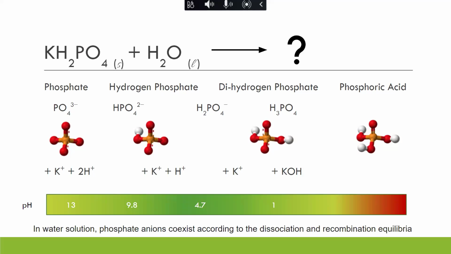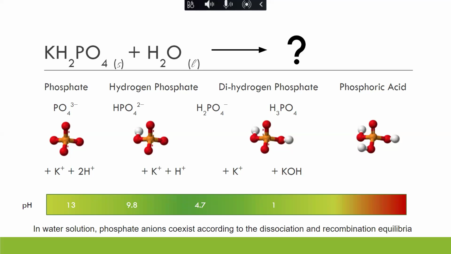Okay, so more on this, and here I've actually put the pH values in, right? So you can see the pH is going down. When you put phosphate in water, the anions coexist according to dissociation and recombination, right?